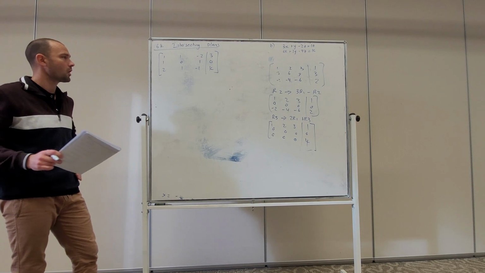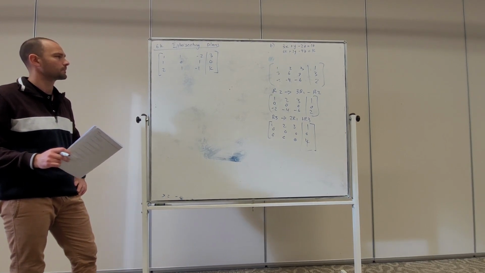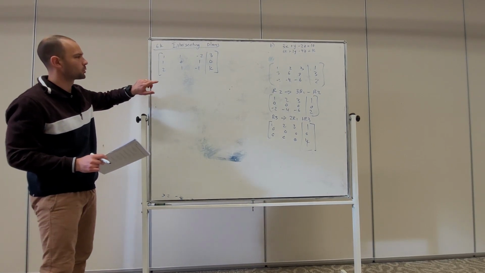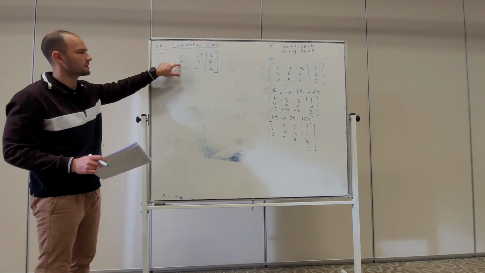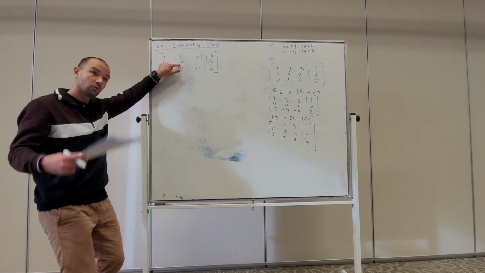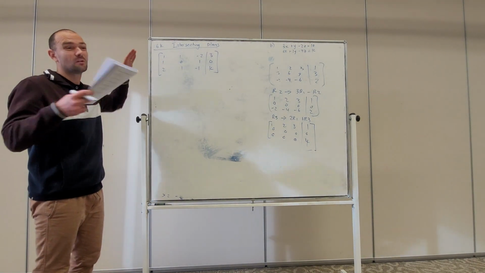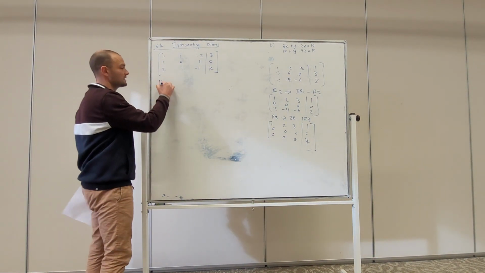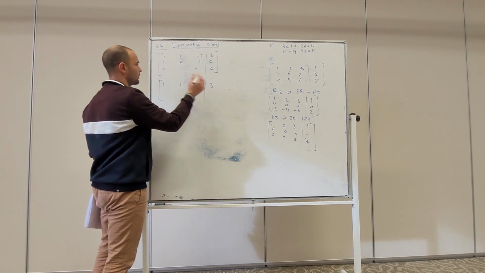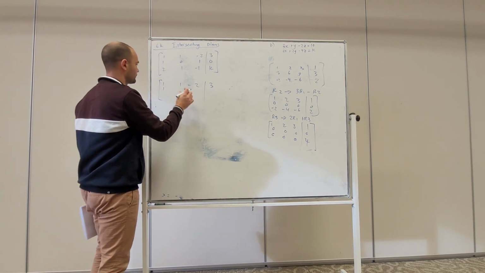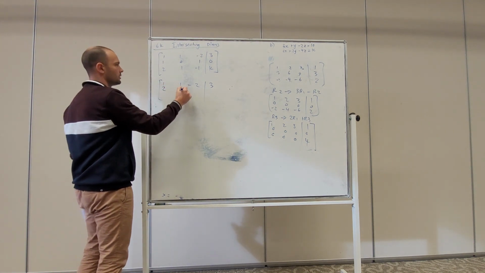Remember, if we're trying to put it into row echelon form, then we sort of want a 0 here, a 0 here, and a 0 here. Now, we've already got a 0 there. So one thing you can do with these is it doesn't matter what order the rows occur in. This is how it's given to us, but we can straight away swap row 3 and row 2. So I'm going to do that.